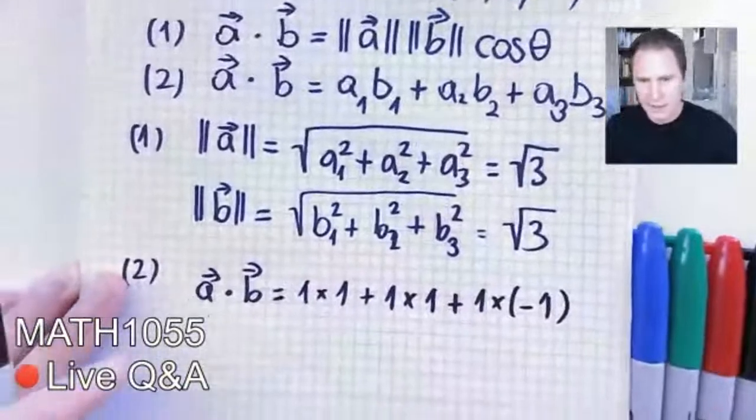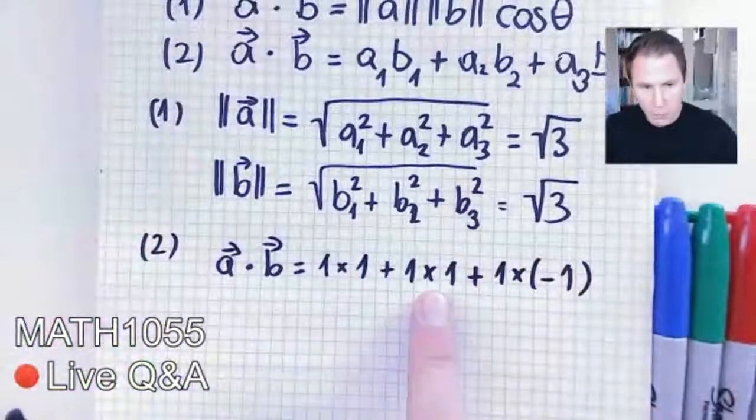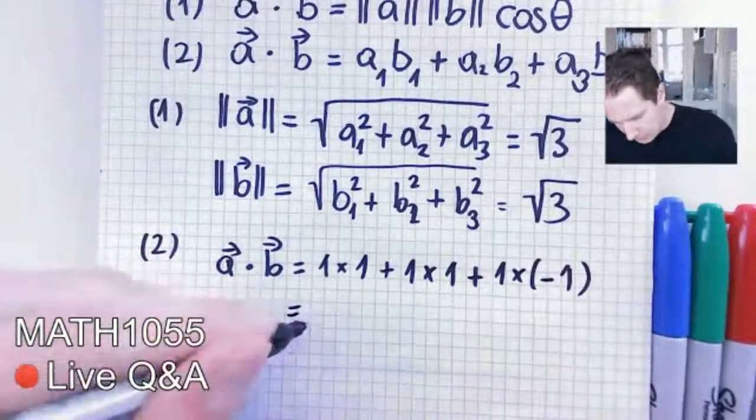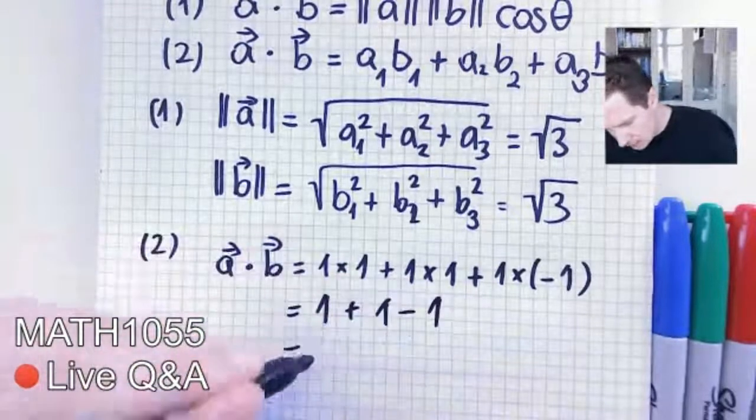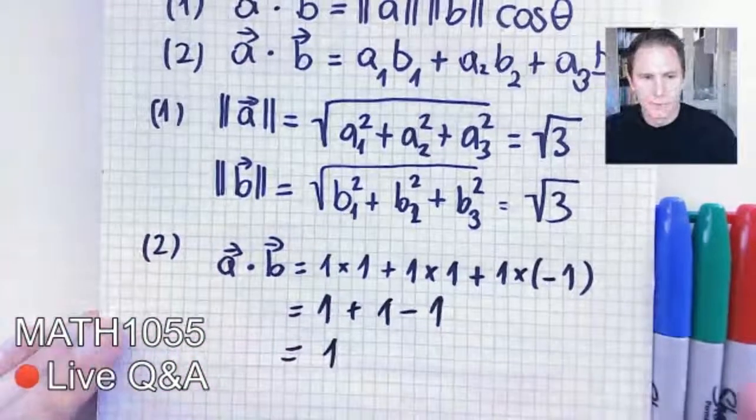So all we have here is 1 plus 1 minus 1. So that's 2 minus 1, that's just 1.